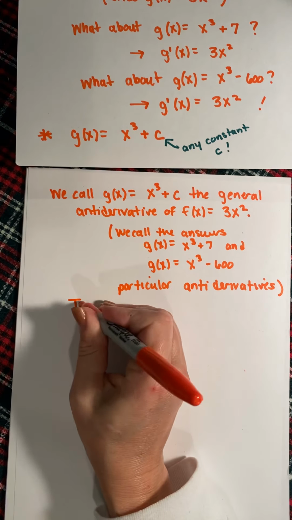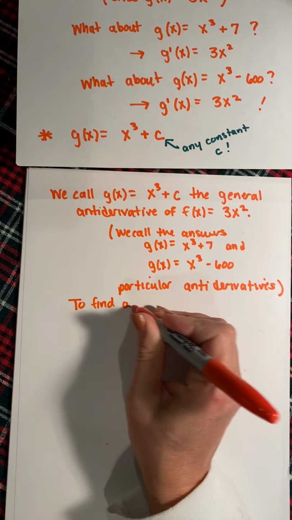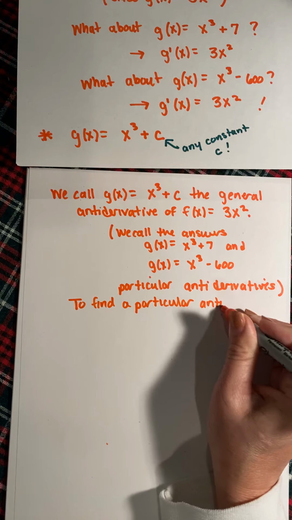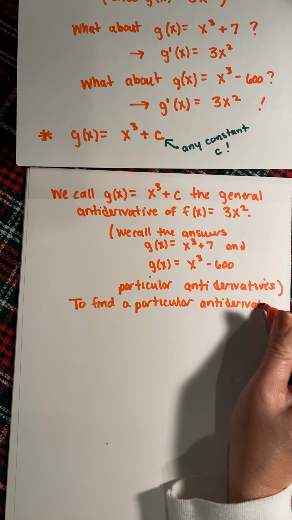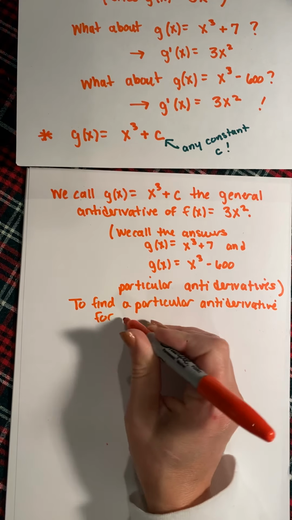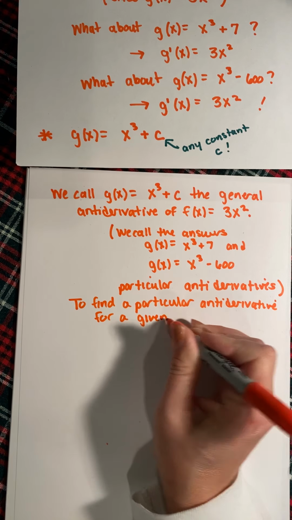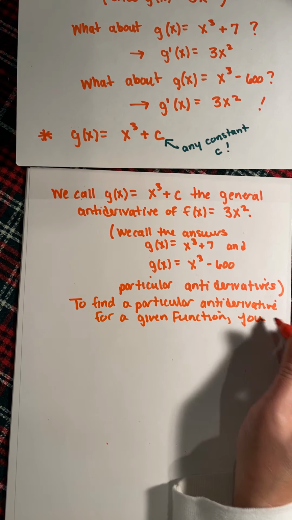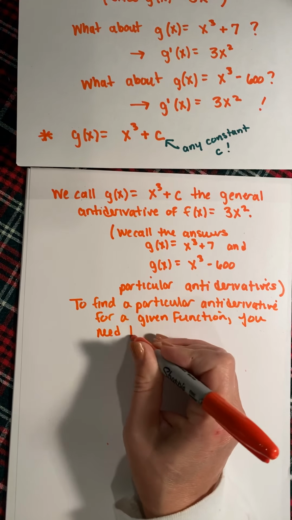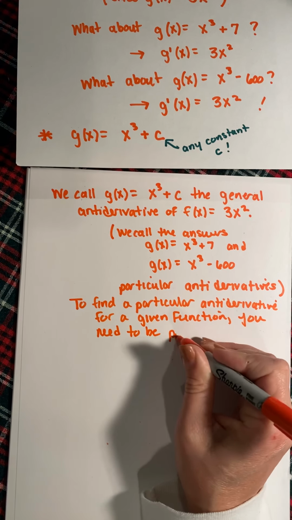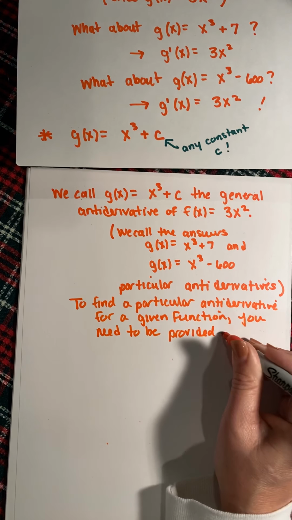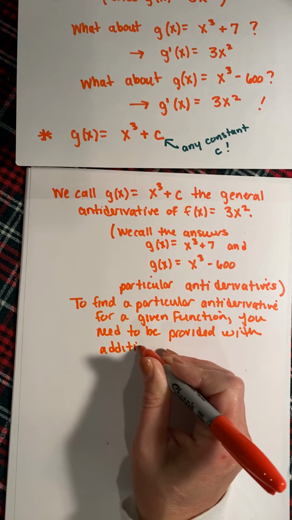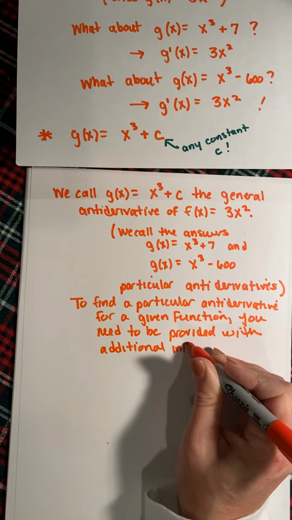To find a particular antiderivative for a given function, you need to be provided with additional information. And we'll see that in an example shortly.